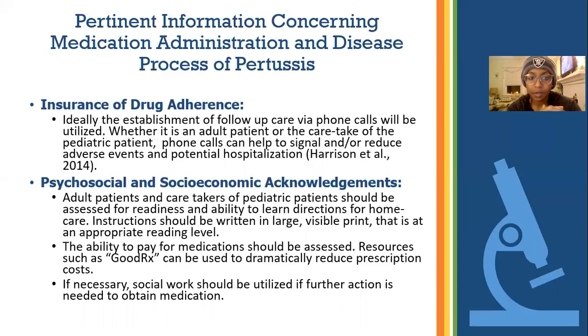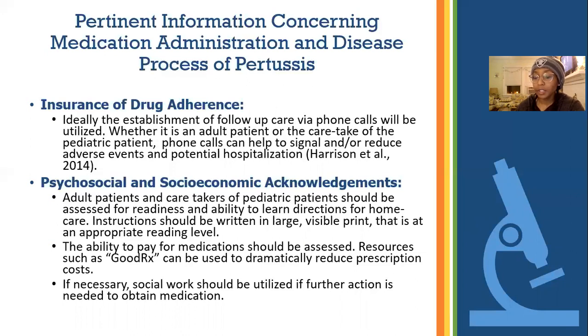Psychosocial and socioeconomic acknowledgments. I mentioned before this disease typically impacts the pediatric population. So with communication with the caretaker, you want to make sure that they are ready to learn, they're able to learn, they have the capacity to learn, and whatever the answer to that is, you want to be sure that you can accommodate what they need.